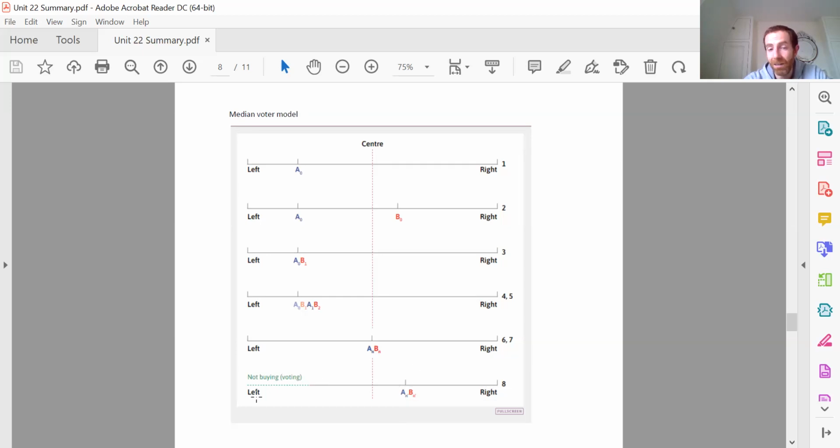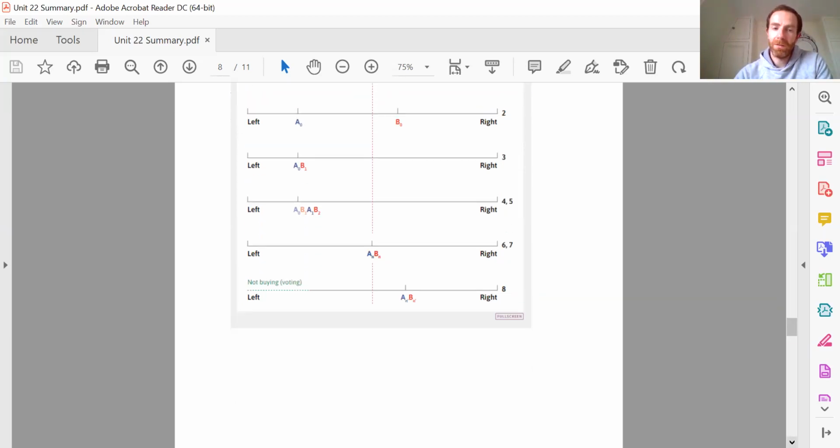So in this case, if people on the left say, oh, I'm not going to vote, we see that political parties are then forced to shift their position far enough to the right that they both get a 50% share. So that illustrates a potential problem, well, I'm not sure I should say a problem, but it illustrates what could happen if certain voters just abstain.